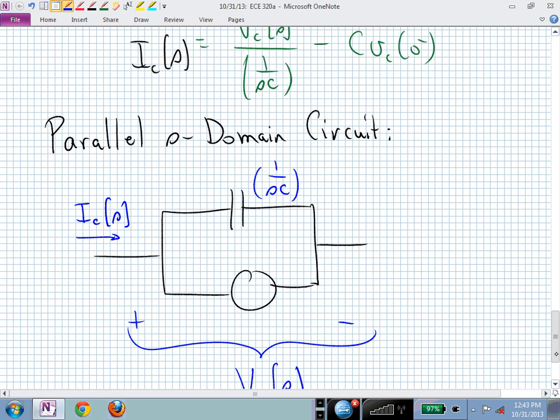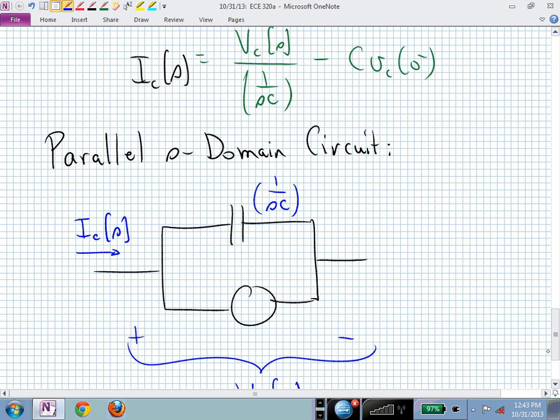And now what do I do with respect to my current direction in that current source? I need the algebraic sums to give me that equation. If the left-hand side is entering the node and the right-hand side is leaving the node, then the 1 over SC is okay, because that's in the plus-minus polarity direction.